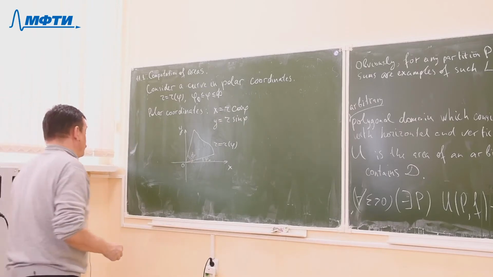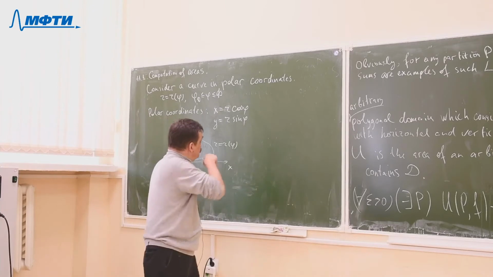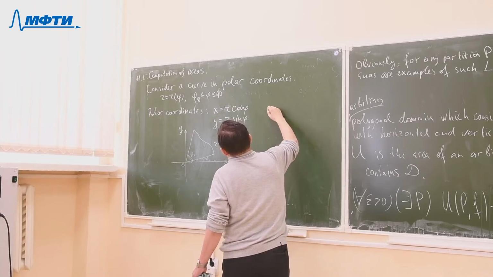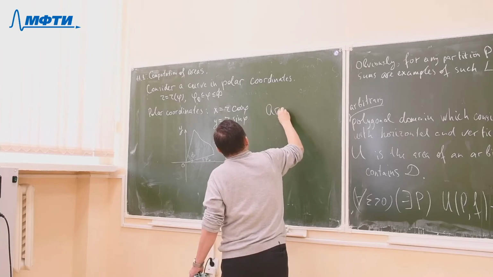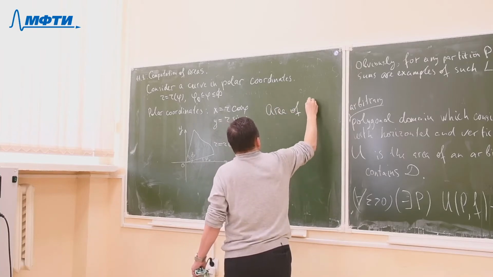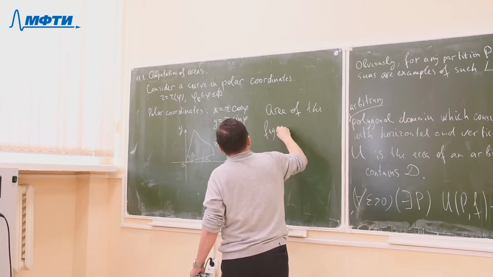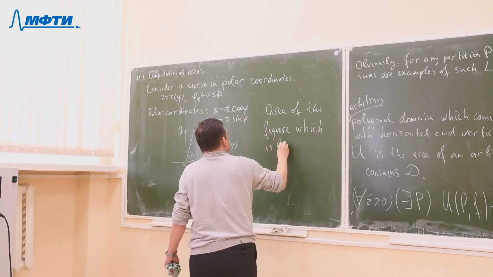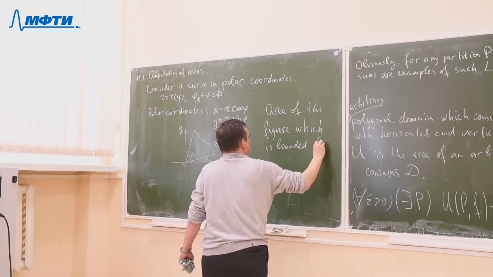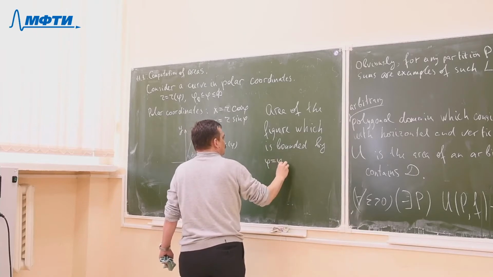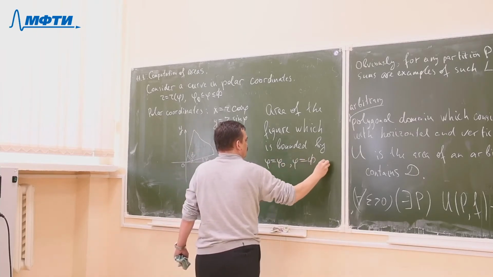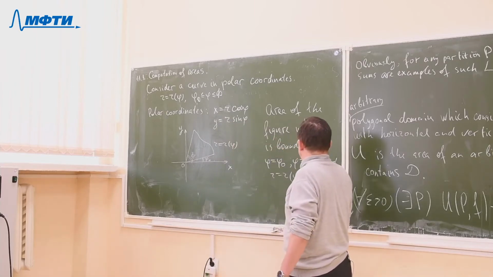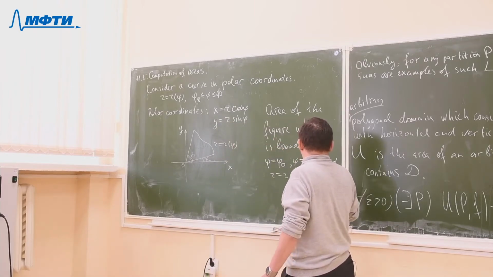So we want to discuss now the area of the figure which is bounded by phi equals phi naught, phi equals capital Phi, and r equals r of phi.